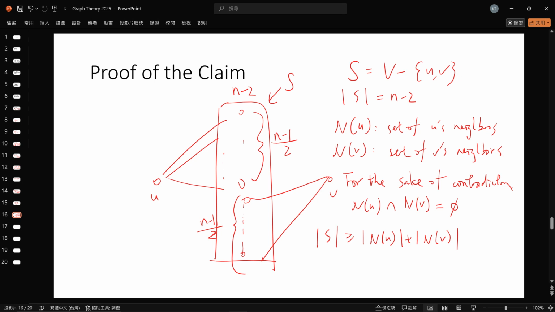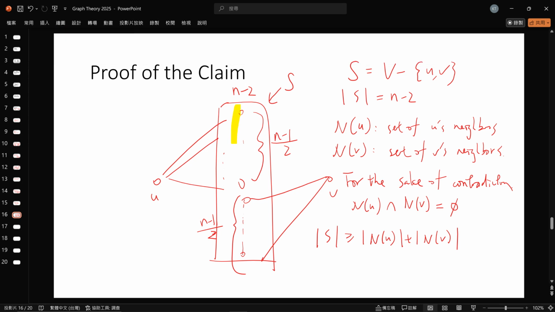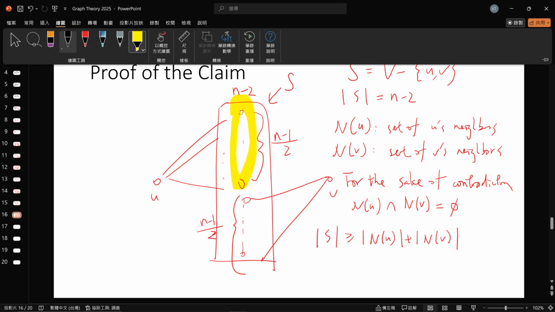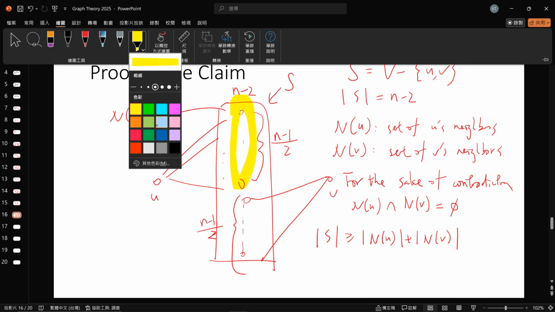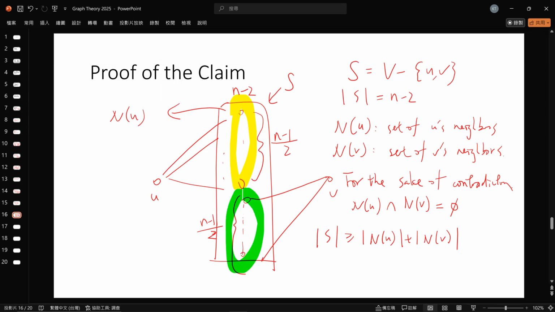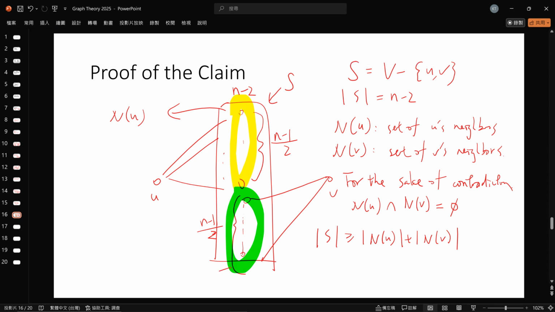So basically just this graph: this is N(u), and this set is N(v), and they are disjoint.